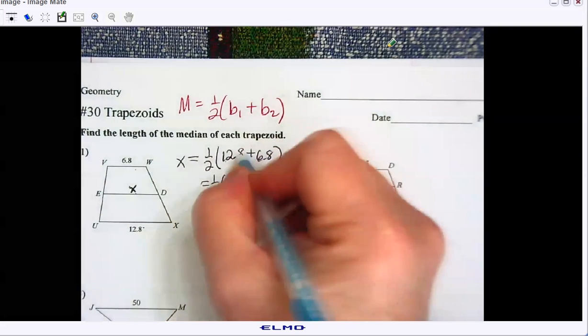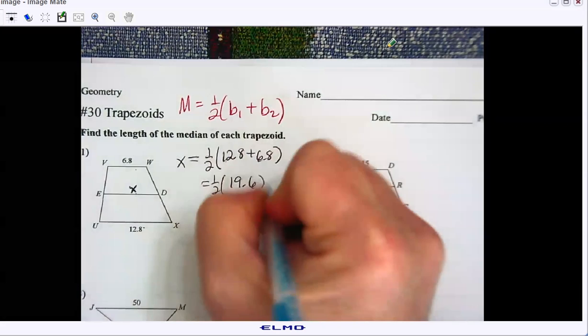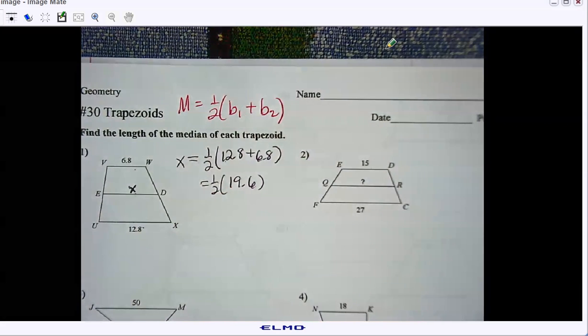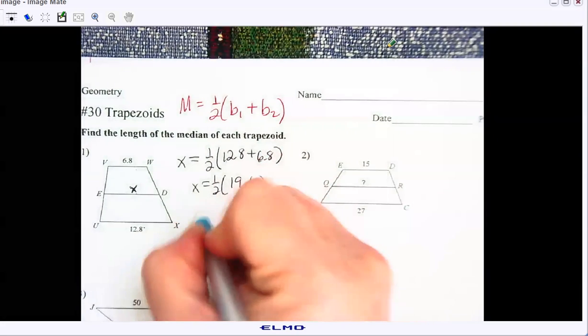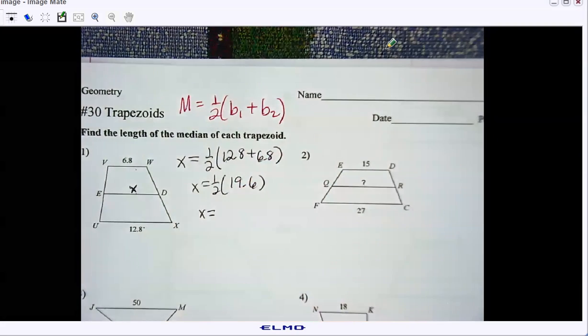There's 18 and 1.6, so it's 19.6. So someone on your calculator, tell me what you get. Okay, it's 19.6 divided by 2.